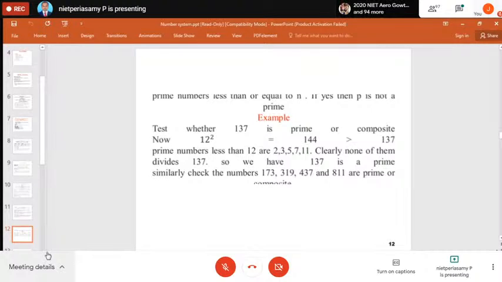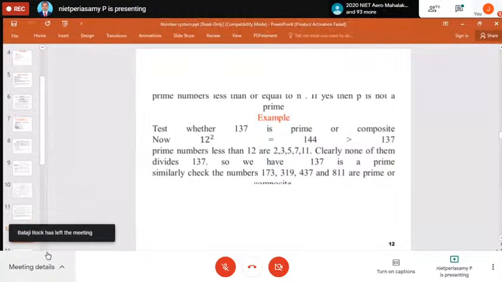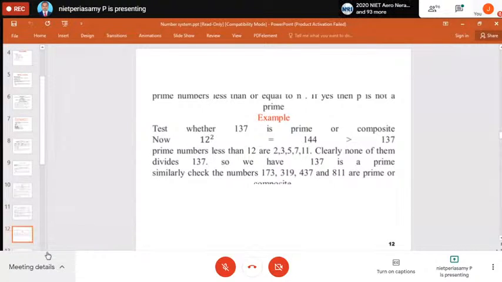Now you identify whether any number among these 5 numbers divides 137. If any one number divides 137, it is not a prime.